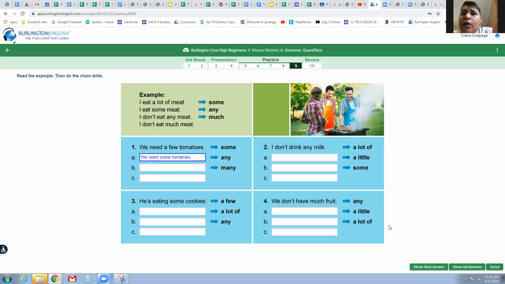We need any tomatoes? No. You're close. You're very close. Necesitamos la palabra don't. So, yeah. Good. So we need some tomatoes. We don't need any tomatoes. Okay, and now cambia any a many.